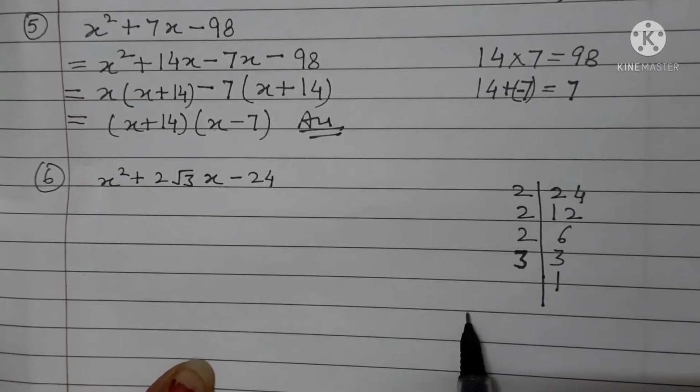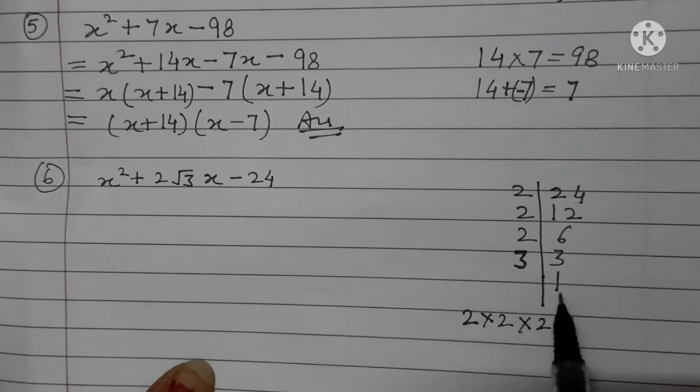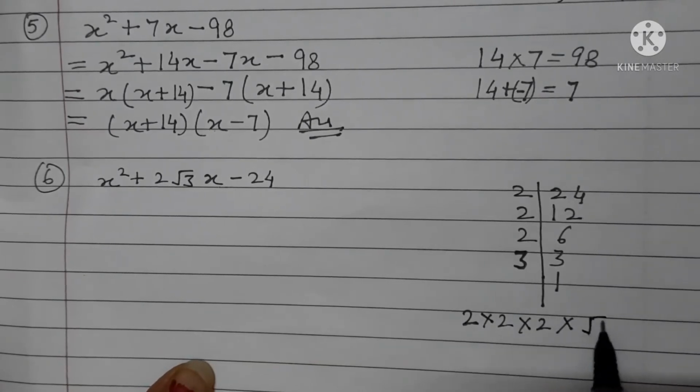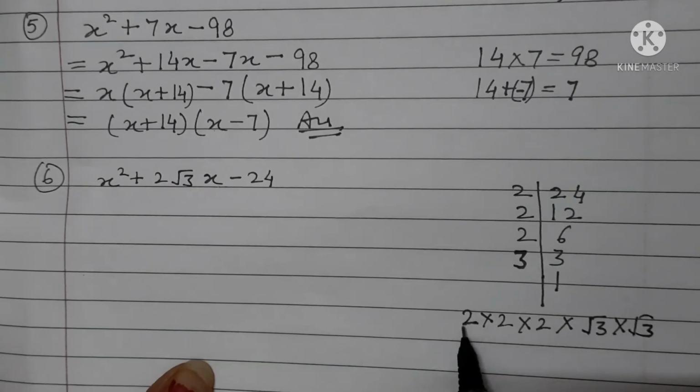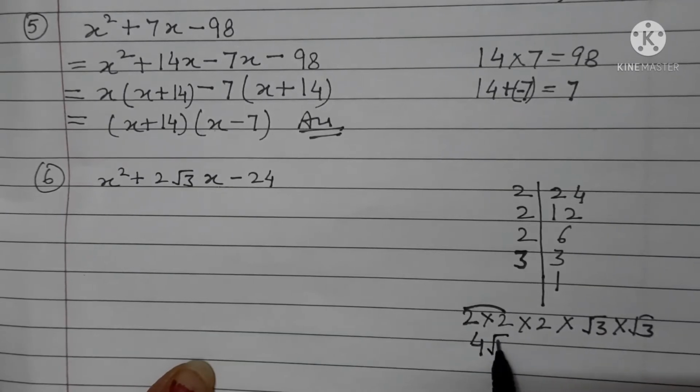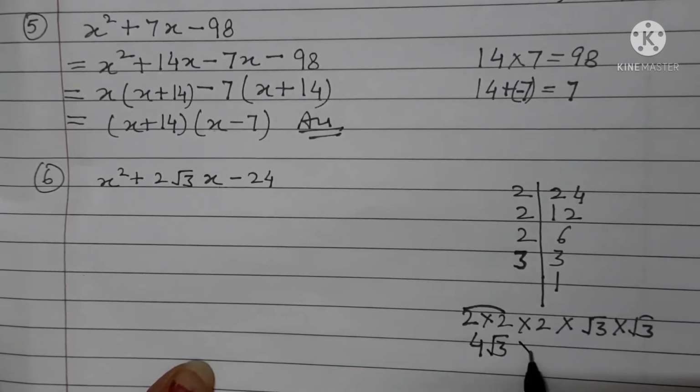So write it like this: 2 into 2 into 2 into 3, you can write it as root 3 into root 3, and take a pair of 2 and 2, 4. So these 2 into 2 and this root 3 you can write as 4 root 3, and here 2 root 3.